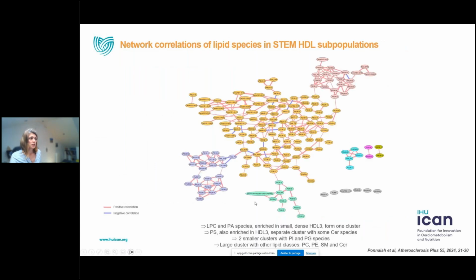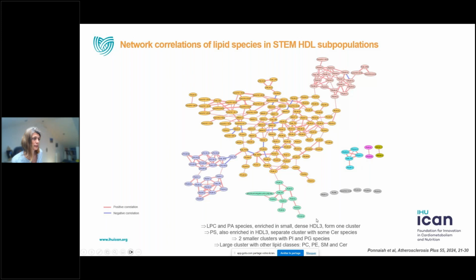We then wanted to see how the levels of the lipidome of this HDL were correlated with each other. So we ran network correlations on all lipids with all the HDL subpopulations together.